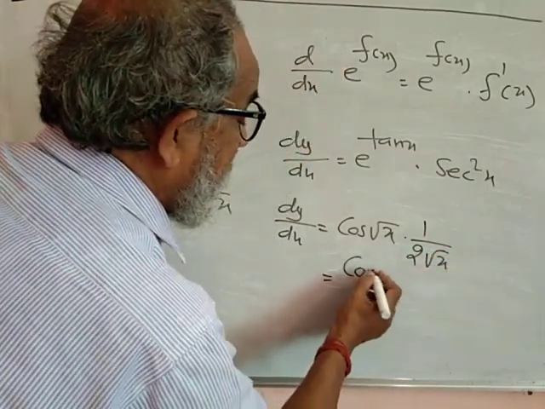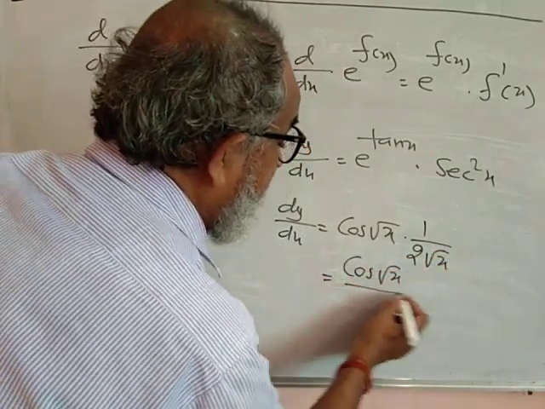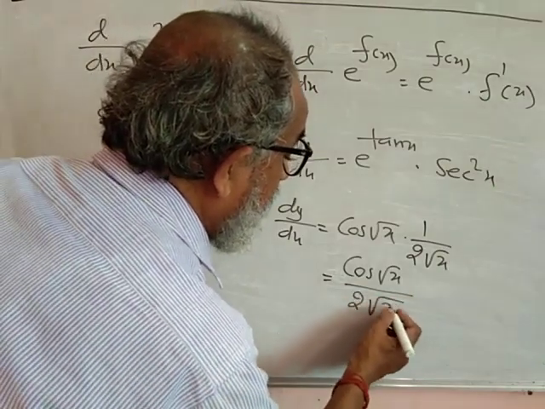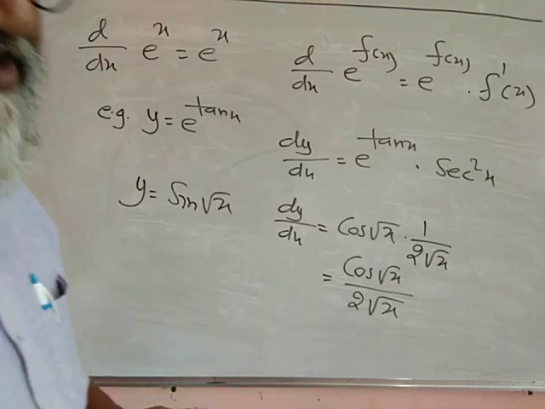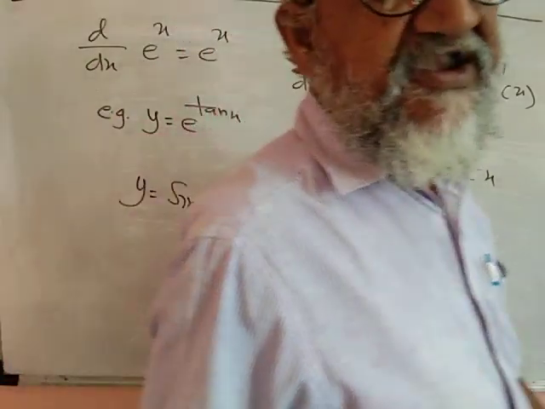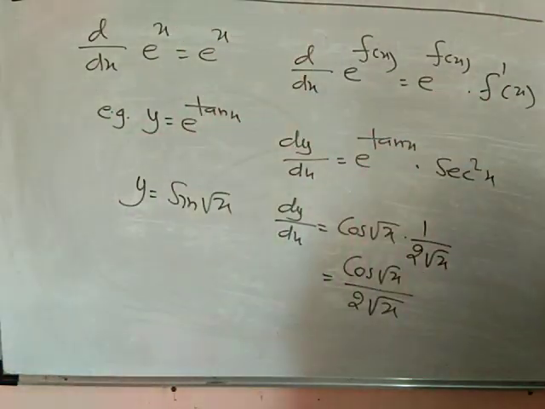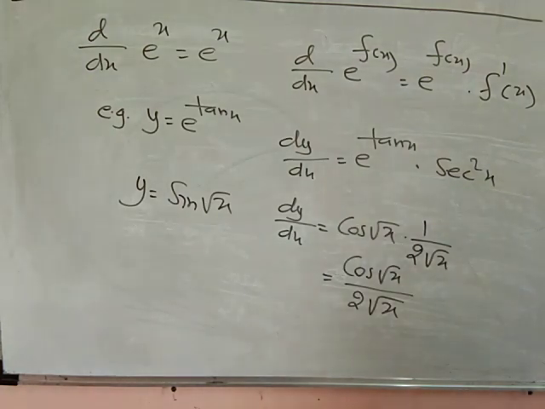So the final answer is cos root x upon 2 root x. So remember one thing in derivative, we have to differentiate each and every term. That is the most important thing.